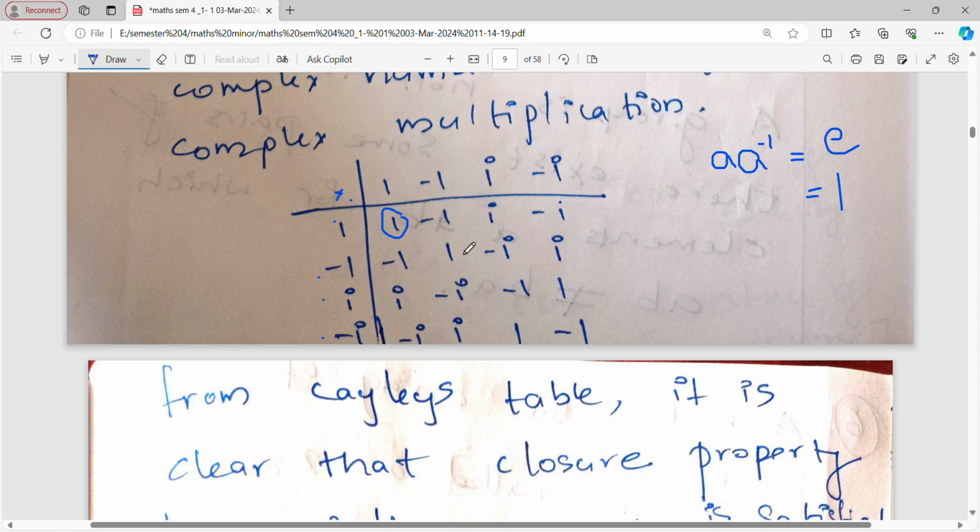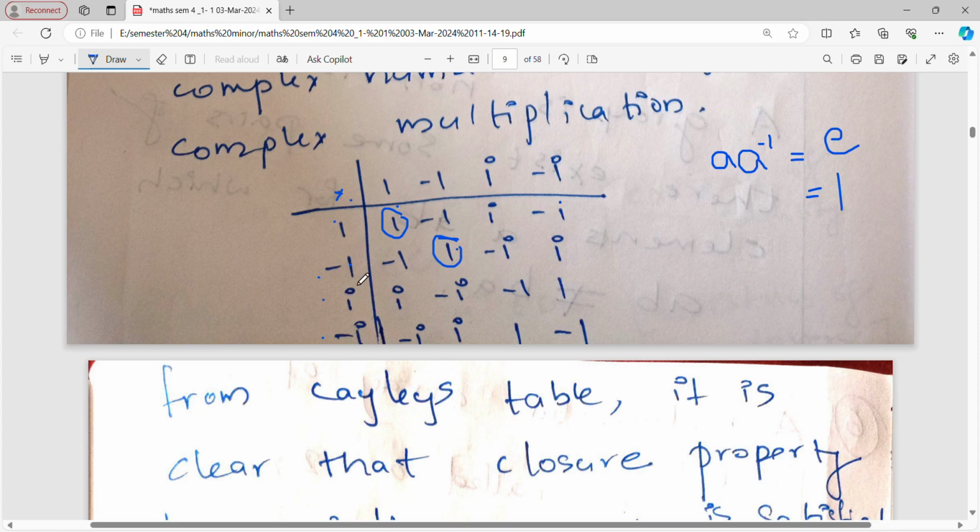Next, for minus 1, the number 1 has appeared here. Multiplying minus 1 with minus 1 gave you the answer 1, right?